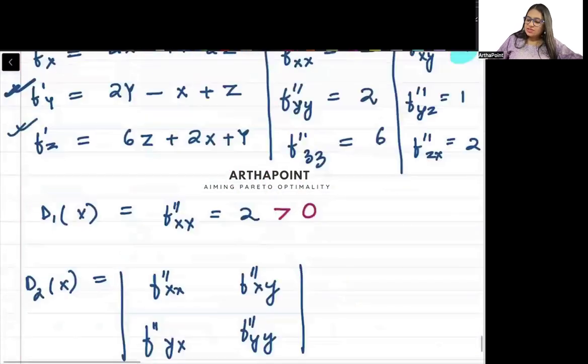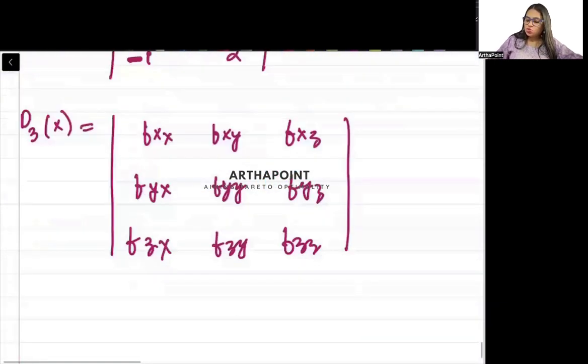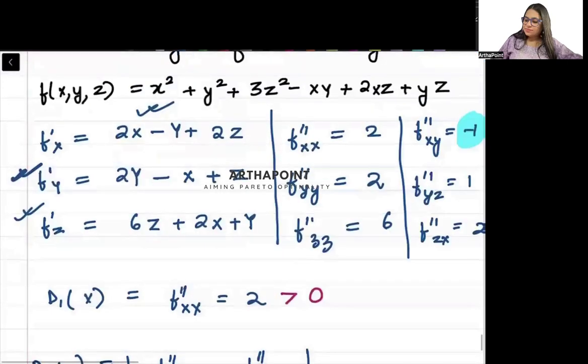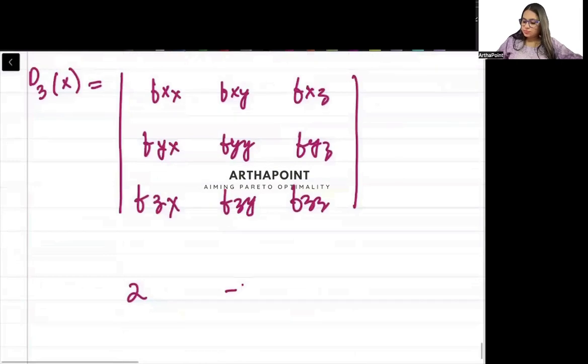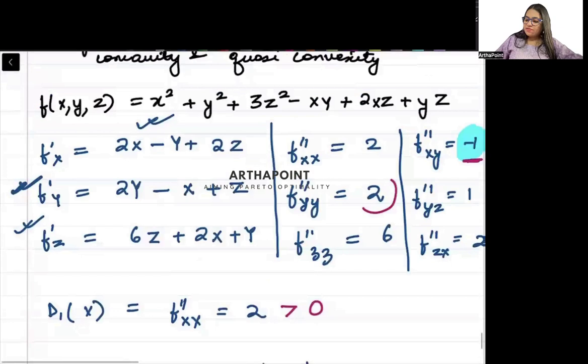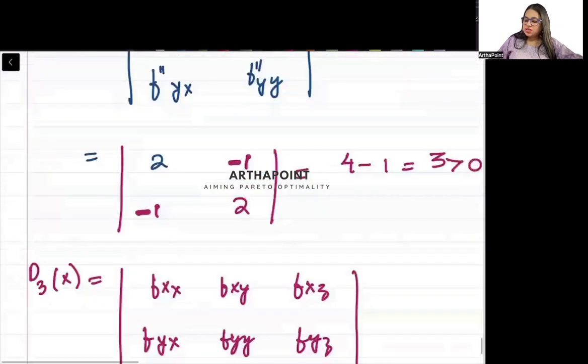So fxx, that is actually 2 for you. fxy is minus 1. So fyx is also minus 1. fyy is 2 and fzz is 6.